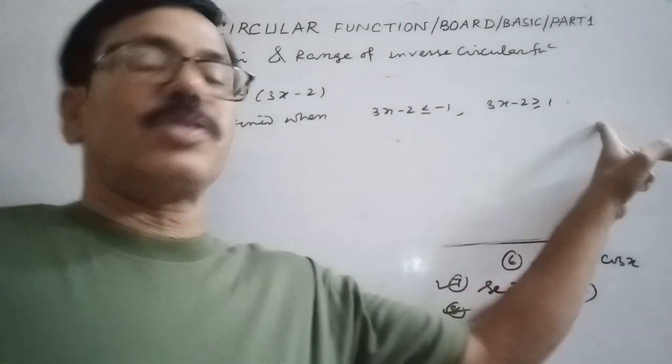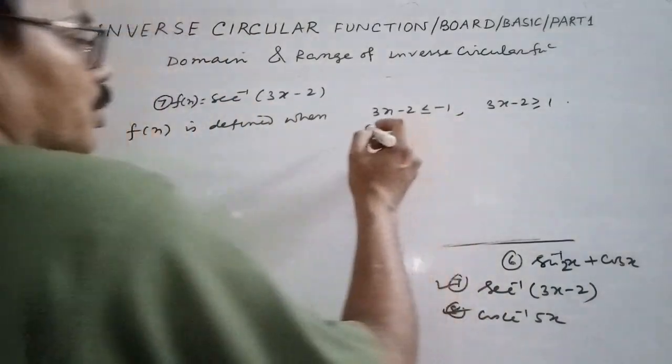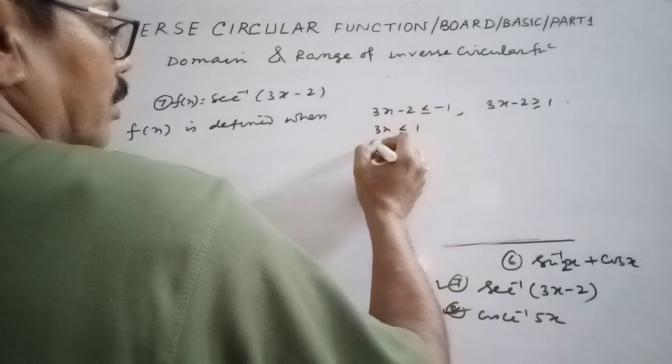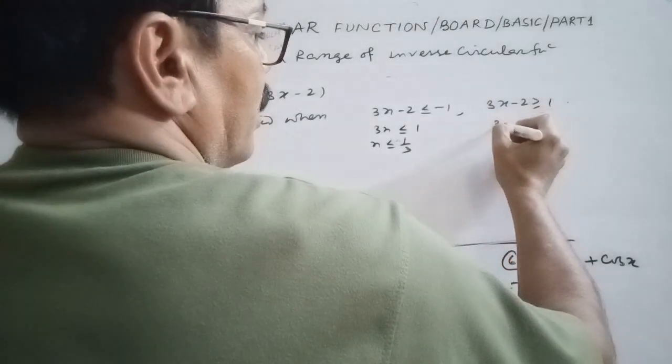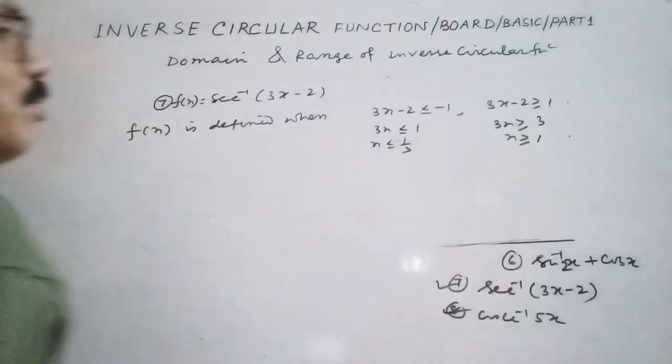The argument is greater than or equal to 1 or less than or equal to minus 1. So 3x is less than or equal to 1, so x is less than or equal to 1 by 3, and 3x is greater than or equal to 3, so x is greater than or equal to 1.